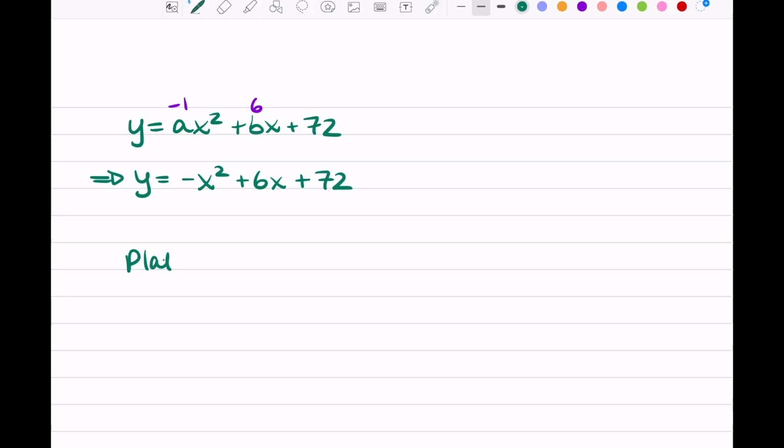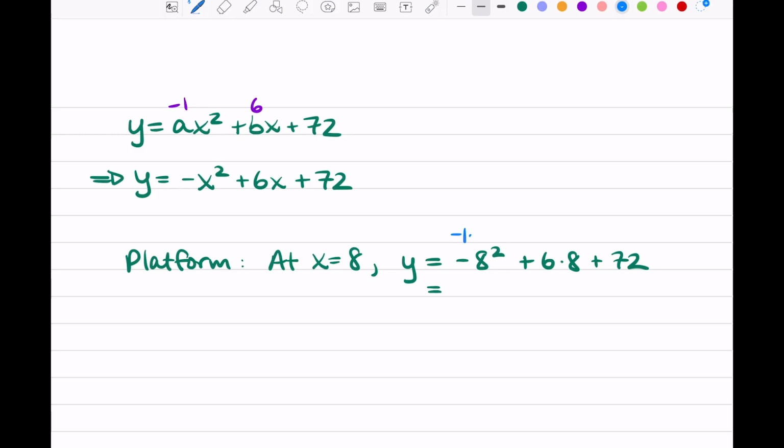So our platform at x equals 8, we just need to figure out our y, so we just plug it in. We'd get negative 8 squared plus 6 times 8 plus 72. So negative 8 squared, when we have a negative in front, we think of this as negative 1 times 8 squared.